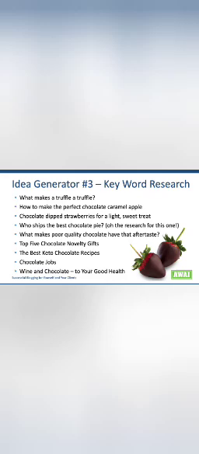All right, idea generator number 3 is a really important one, doing keyword research. The reason this is important is because you are looking for phrases related to your topic that people are already looking for online.